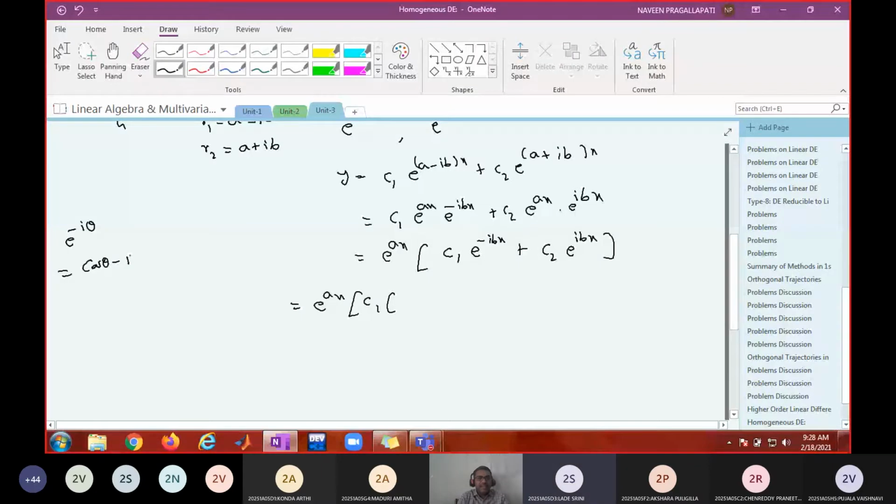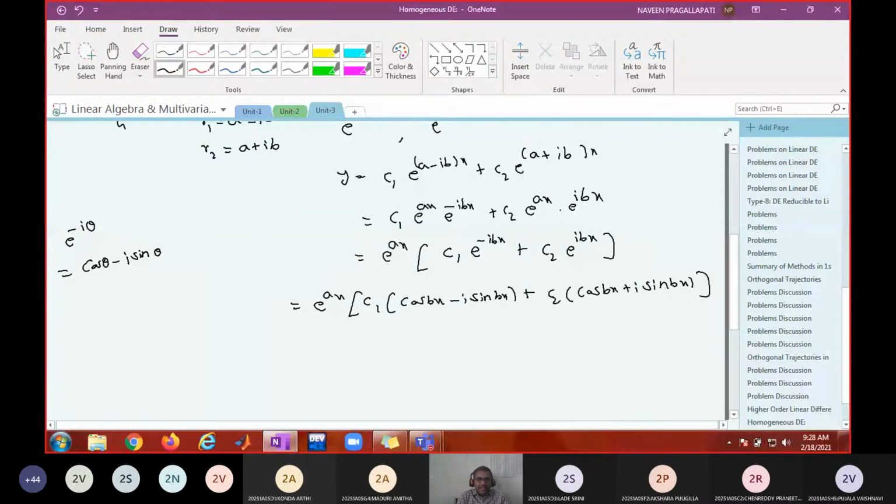So in place of theta you have bx, so cos bx minus i times sin bx. Don't write, just observe. Listen to what I am telling. And C2 into e power ibx is cos bx plus i times sin bx.